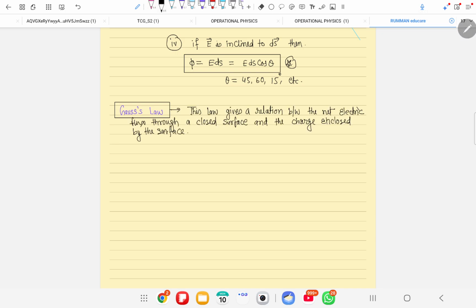And one thing is very important: it is valid for the electric field of any system of charges or continuous distribution of charge, for symmetrical surfaces.